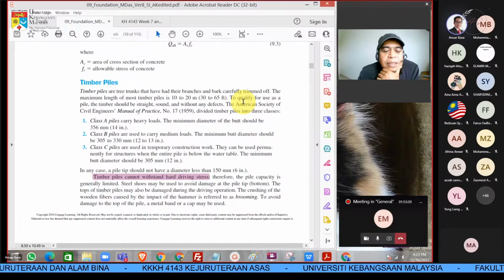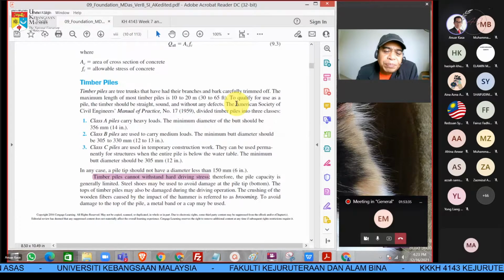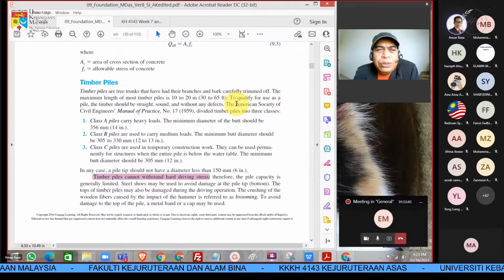But the issue with the timber pile is we cannot drive it too hard, because the pile cannot withstand the hard driving stress. It's going to split. Some timber pile is used for soil with moisture content.